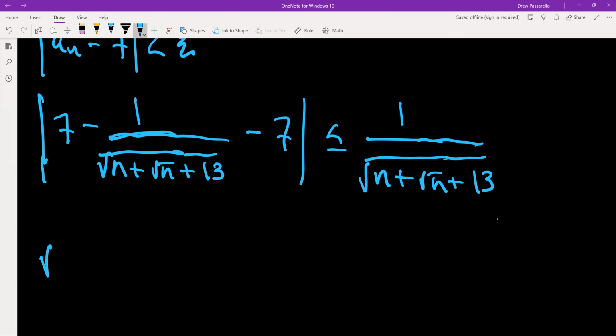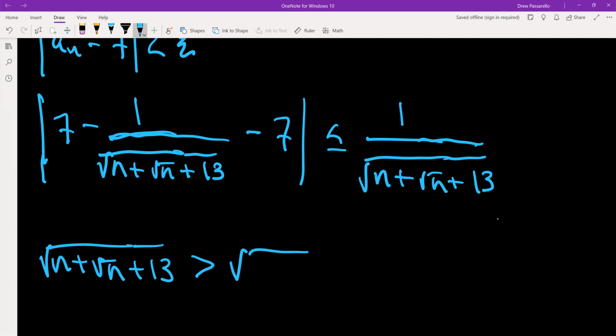Well, since whenever we have n plus square root of n plus 13 under the square root, that's certainly bigger than just the square root of n plus 13, because we have a bigger number that we're taking the square root of when we consider that square root of little n in there. So there's a lot of square roots here.